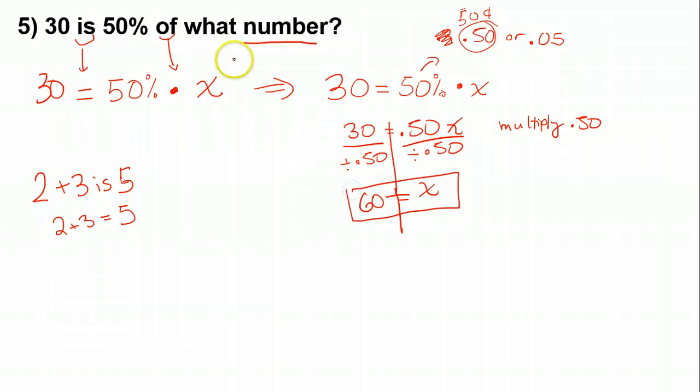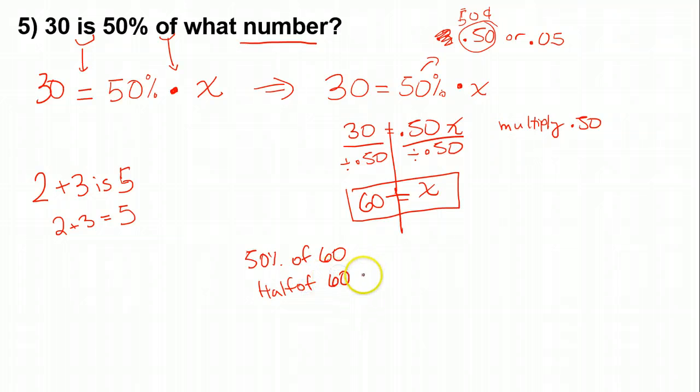Just see if that makes sense. If I take 50% of 60, so if I take half of 60, would that not be 30? Half of 60, isn't that 30? Yes. I just want to check to see if it makes sense. But yeah, my answer would be 60.